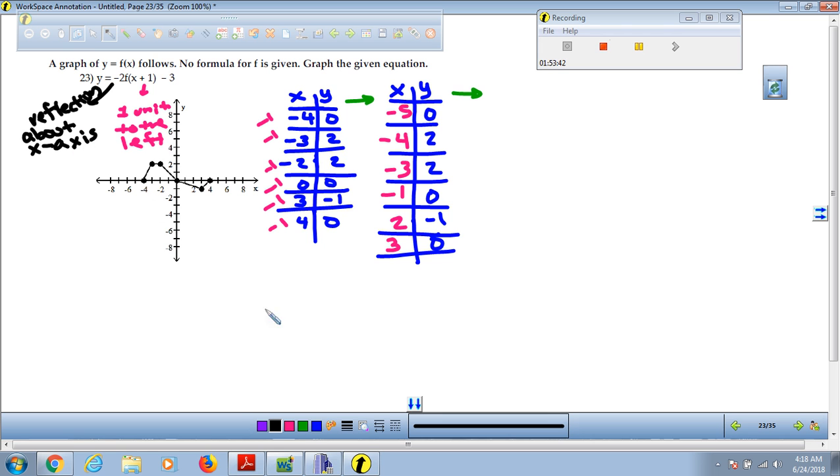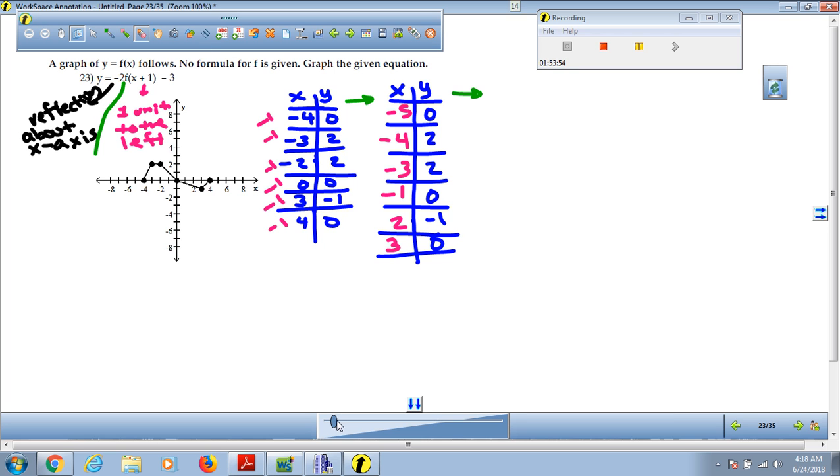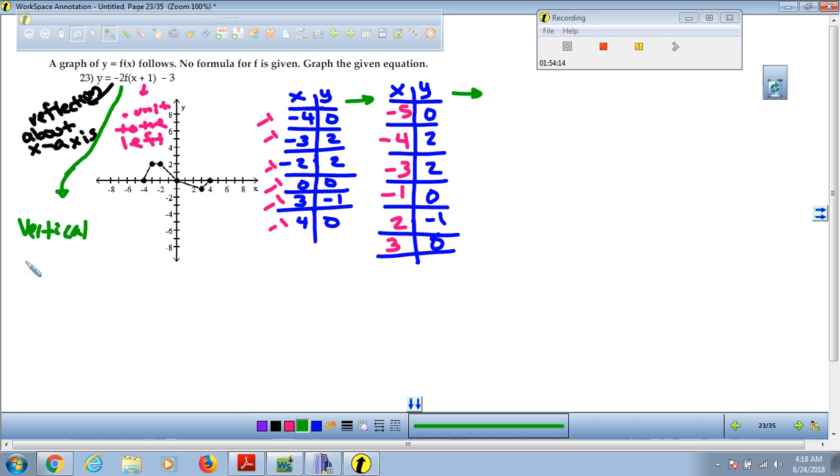Now with the positive 2, there is a vertical stretch by a factor of 2.